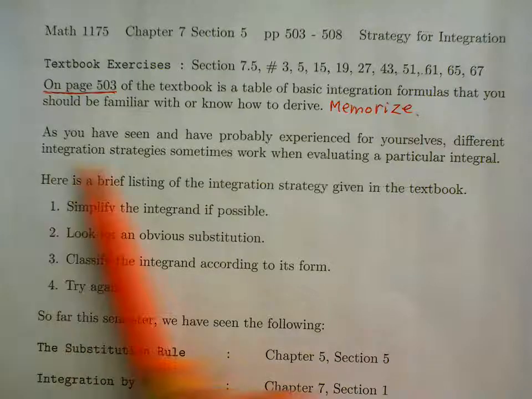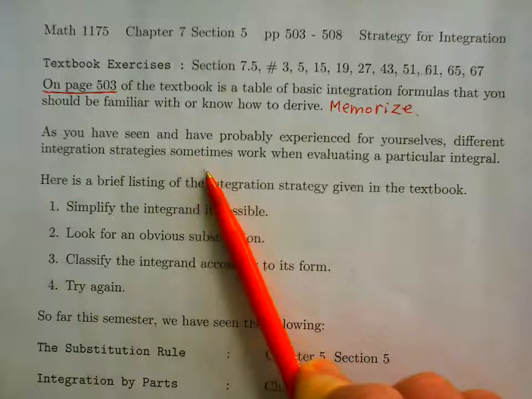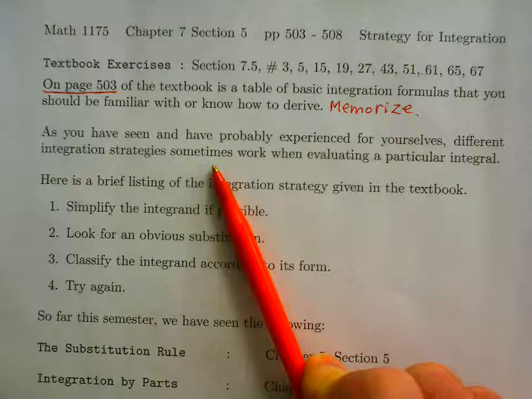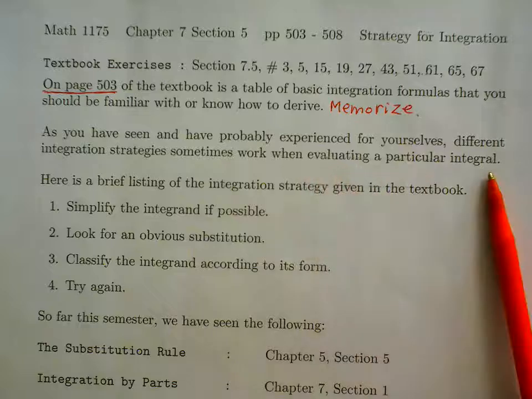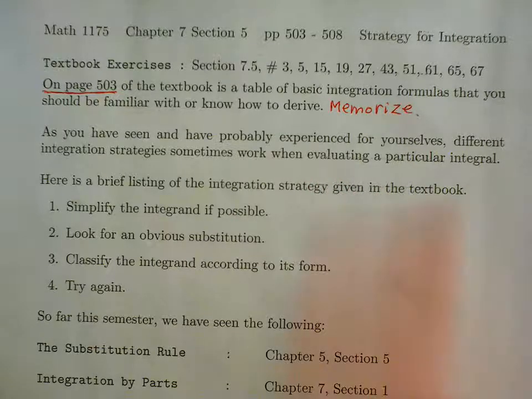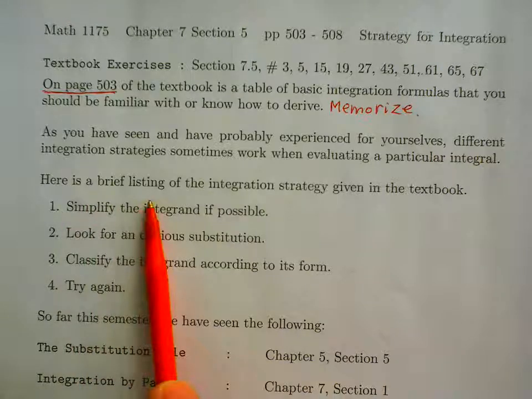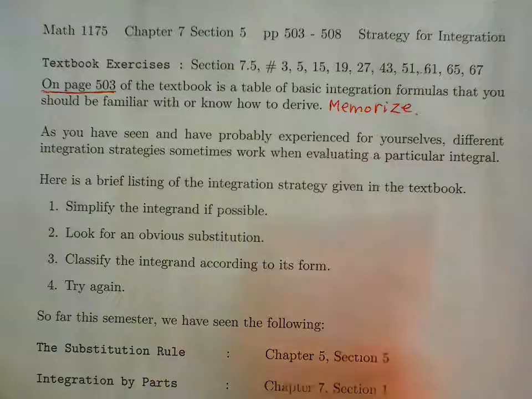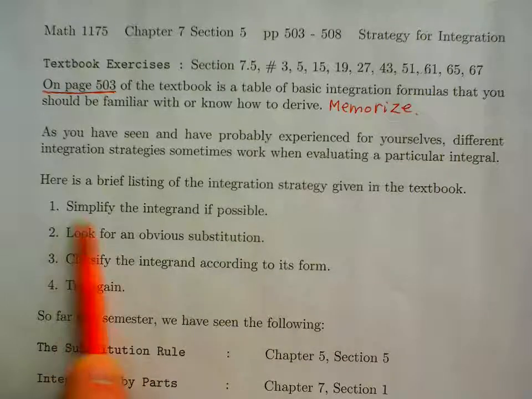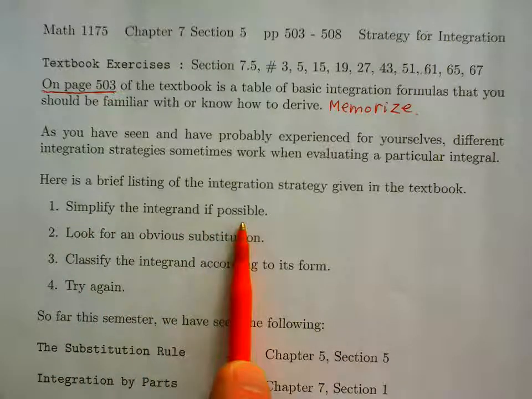As you have seen and have probably experienced for yourselves, different integration strategies sometimes work when evaluating a particular integral. So here's a brief list of the integration strategy given in the textbook. Simplify the integrand if possible.